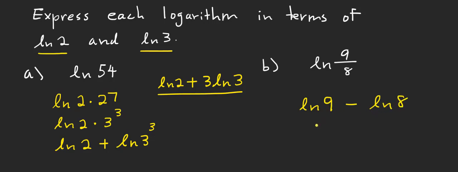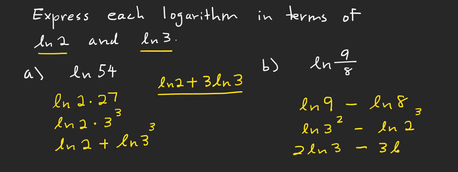Now 9 can be rewritten as 3 squared, and 8 can be rewritten as 2 to the third. So we could apply the power property, and this becomes 2 natural log of 3 minus 3 natural log of 2. So we wrote natural log of 9 over 8 in terms of natural log of 3 and natural log of 2.